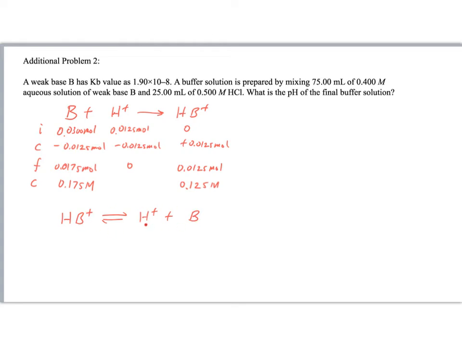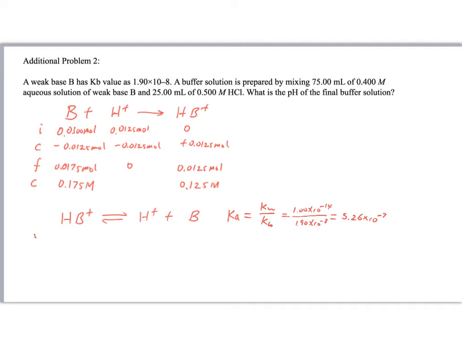So now this is equilibrium, and the equilibrium constant for this as a weak acid is Ka, and we're given the Kb value here. We're given Kb as 1.90 times 10 to the negative 8. Then we can calculate the Ka value as Ka equal to Kw over Kb, which is 1.00 times 10 to the negative 14 over 1.90 times 10 to the negative 8. Ka value is 5.26 times 10 to the negative 7.